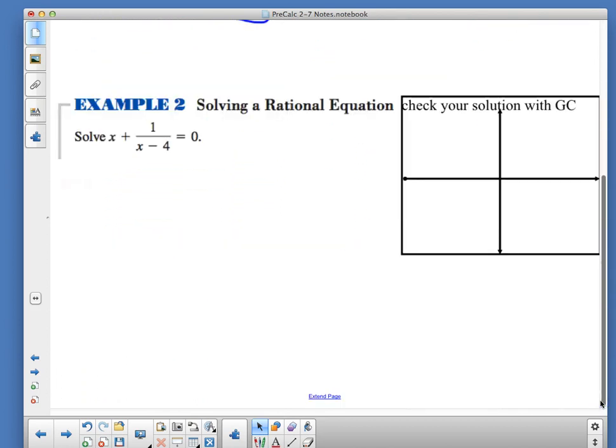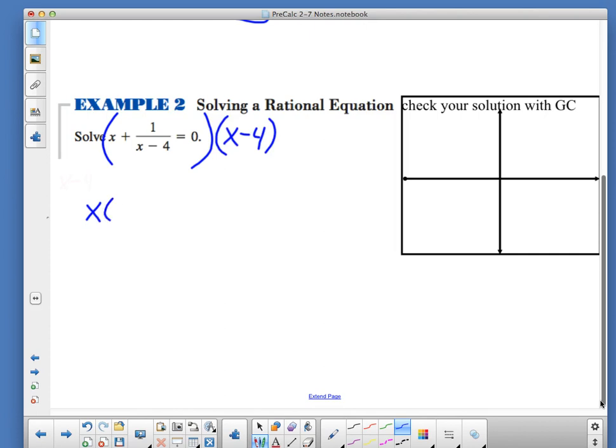Now, as we keep going here, I have a binomial to multiply both sides by and a monomial. I'm going to be looking at, nope, excuse me, not the monomial. I'm just going to multiply both sides by x minus 4. Okay, so I got x minus 4. So x times x minus 4. And when I go x minus 4 times 1, well, I'm going to do that here.